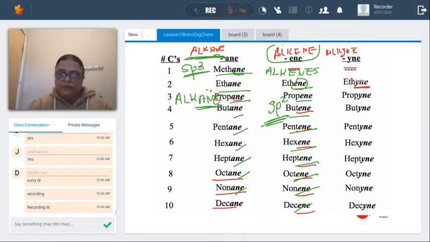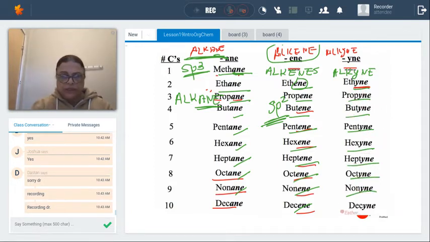When you have a triple bond, that is the family of the alkynes. We have methyne, propyne, butyne, pentyne, hexyne, heptyne, octyne, nonyne, etc. So when we hear -yne, we have a triple bond and sp carbons.